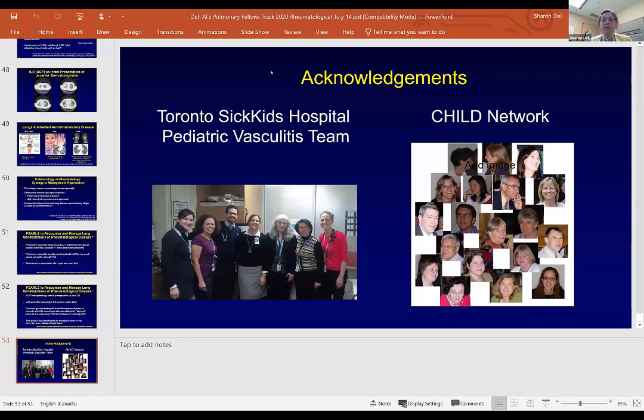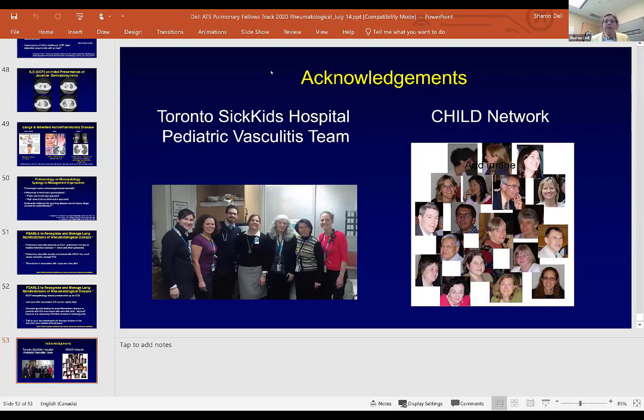Now you have to make sure that's not infection going on, but it's pretty sensitive for that, and sometimes you may want to do that rather than subjecting a child to a bronch all the time. The other thing is that if there is recurrent pulmonary hemorrhage going on, you will start to get fibrosis, and so the CT scan can be helpful also for monitoring progression of fibrosis in the lungs.